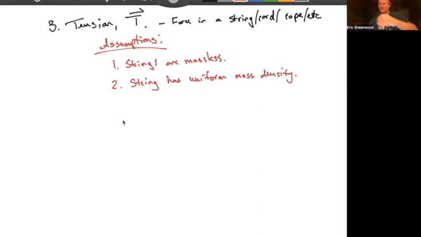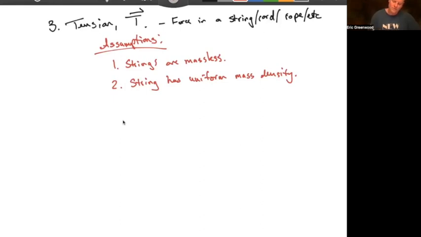The other thing it tells me is that the direction of the tension force will be along the direction of the string. So if my string is like this, my tension will be pointing anywhere along the string itself, not off in some different direction, but always along the direction of the string.